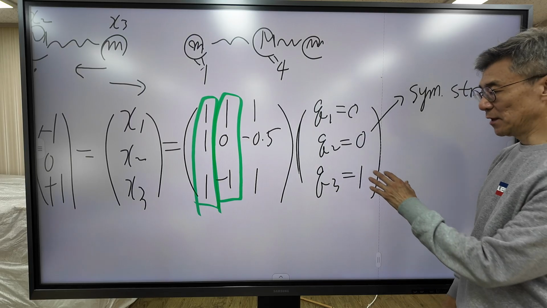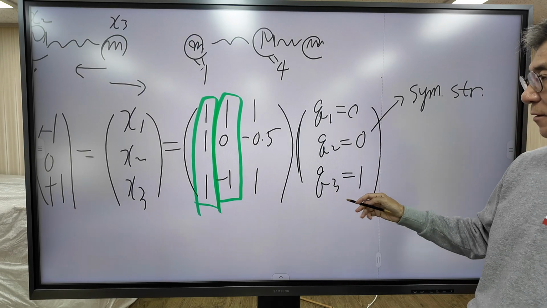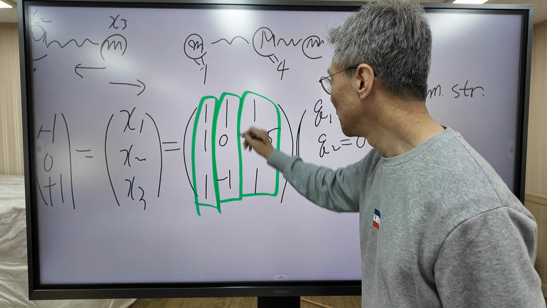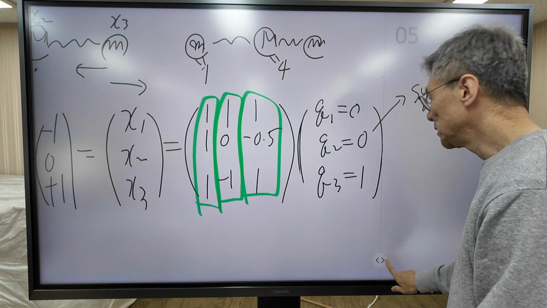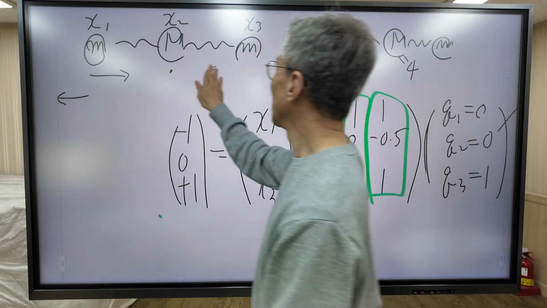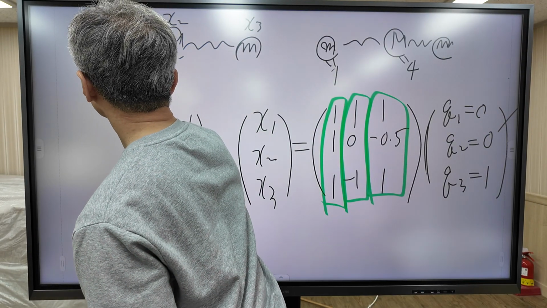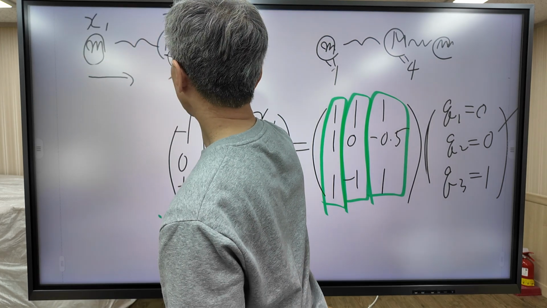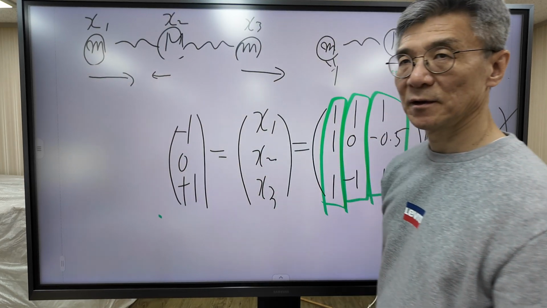Finally, turn to Q3. To understand the meaning of Q3, I'm going to set (0, 0, 1). So it returns the value 1, minus 0.5, 1. So in this case, the atoms move this way: move right by 1, move left by 0.5, move right by 1.